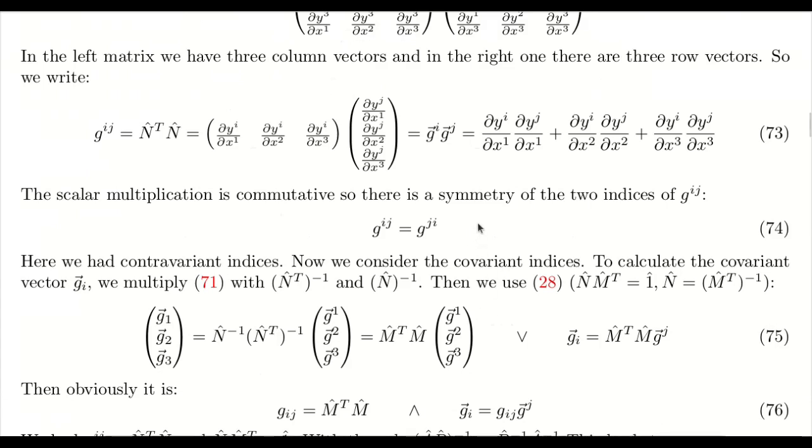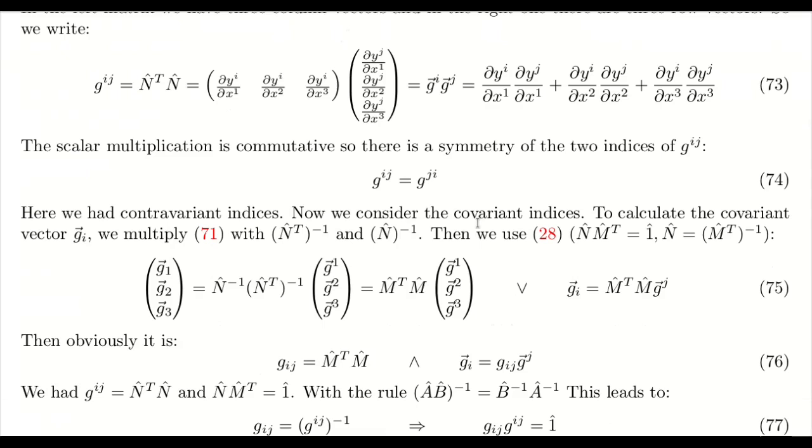That means also that we have now only 6 independent components in the matrix instead of 9, or in the 4-dimensional space, instead of 16 independent components, we would have only 10. And here we have contravariant indices.